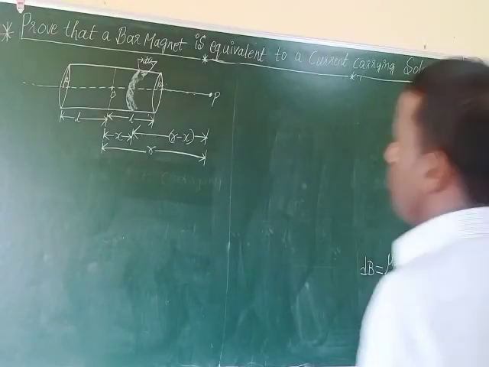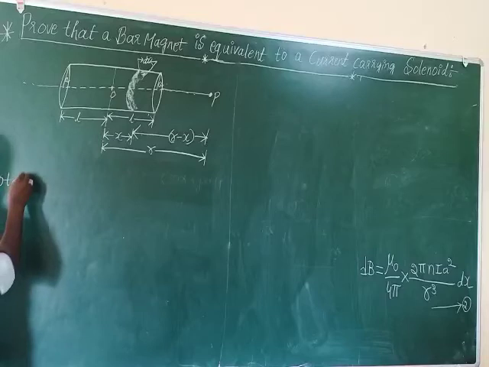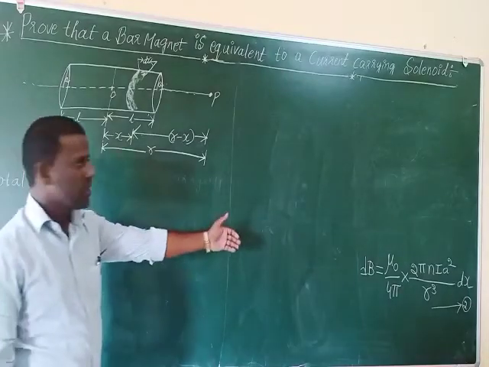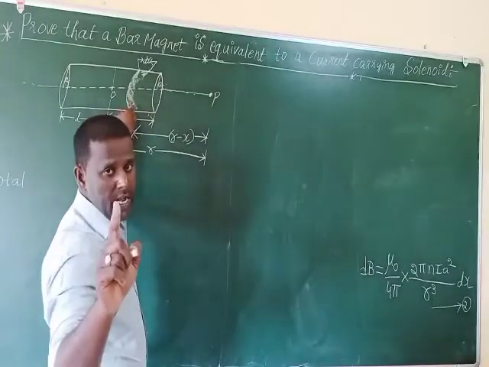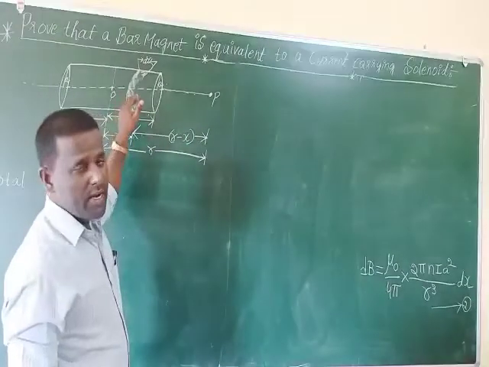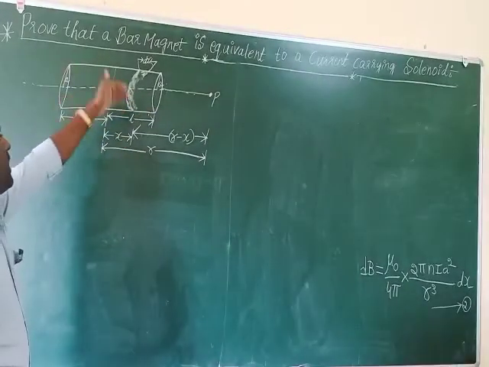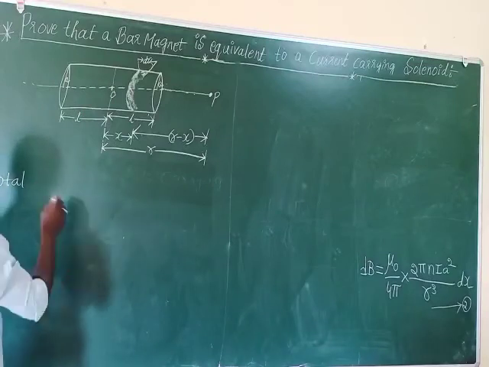See, equation number 2 is the magnetic field at P due to this one current element. So the total magnetic field at P due to this entire solenoid is obtained by integrating that equation.